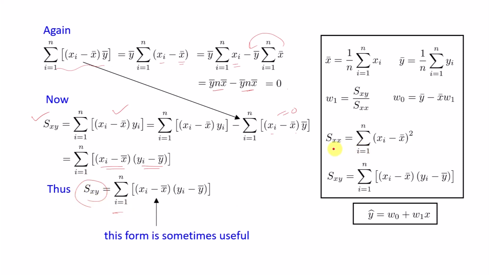These forms, like Sxx is xi minus x bar whole square, Sxy is xi minus x bar, yi minus y bar, are physically meaningful, and sometimes calculation wise, if we take the mean value and adjust the data corresponding to the mean, then the calculation also becomes much easier. So we'll discuss more about this Sxx and Sxy, why they are making more sense, later on.